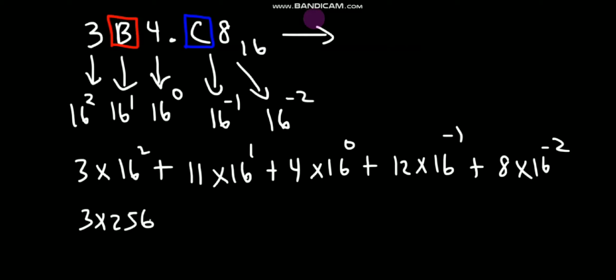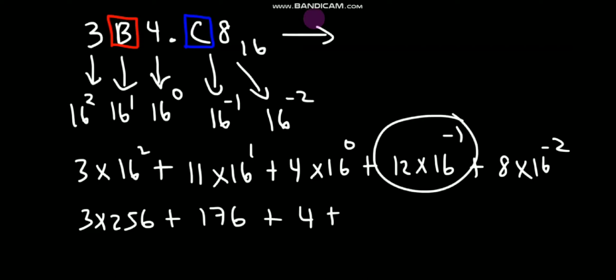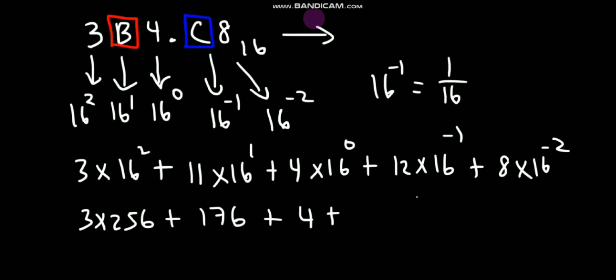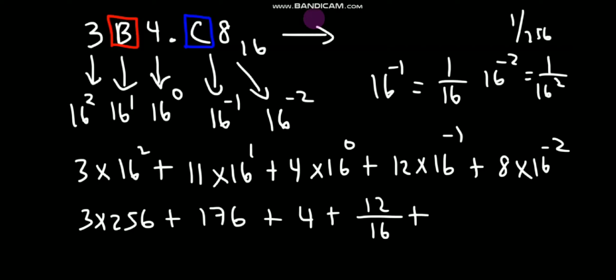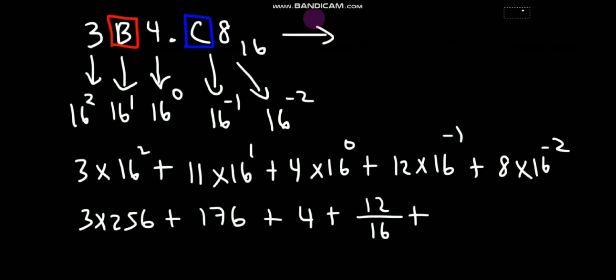3 into 256, plus 11 into 16, which is 176, plus 4 into 1, which is 4, plus, as I am showing in the calculation, 16 to the power minus 1 is 1 upon 16, so we will write 12 upon 16. And 16 to the power minus 2 is 1 upon 256, so we will write it as 8 upon 256.